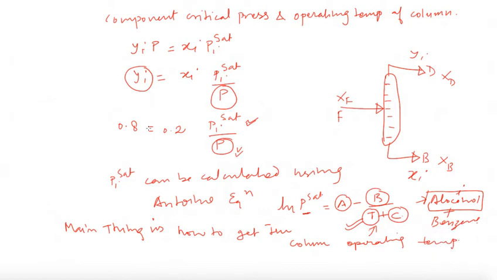See, actually, for getting the operating temperature, we should know the component which you want to recover. Let's say you want to recover alcohol from an alcohol benzene mixture. So you should know the critical temperature and critical pressure of this component.